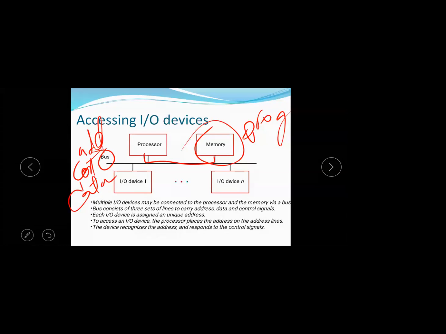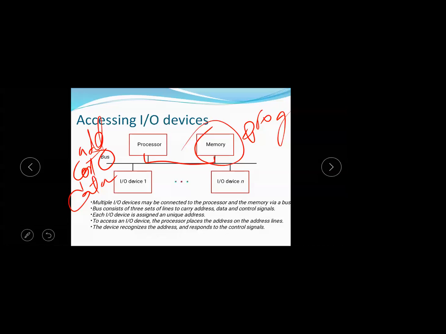The bus is nothing but a group of lines. A group of wires is known as a bus. It is a combination of lines: address line, control line, and data line. These 3 are combinedly known as bus lines.